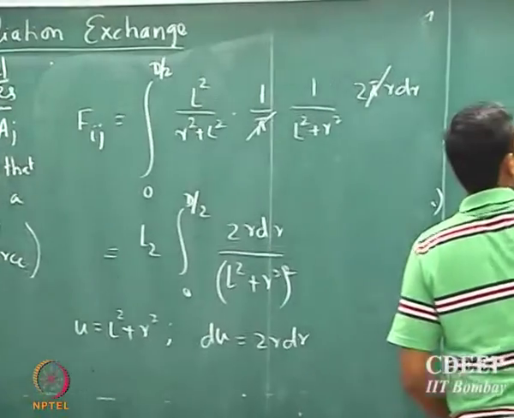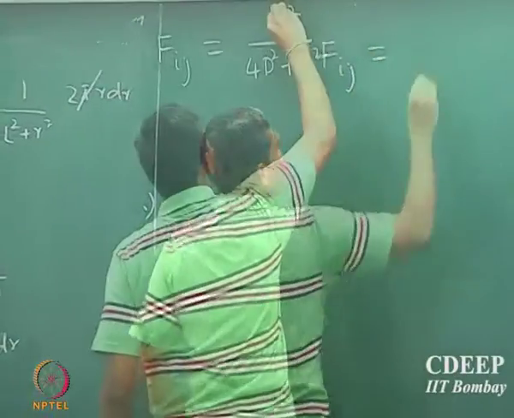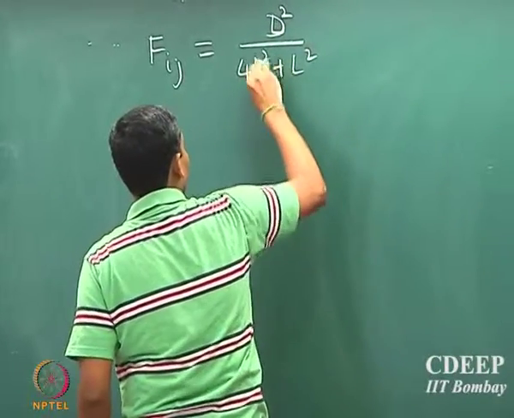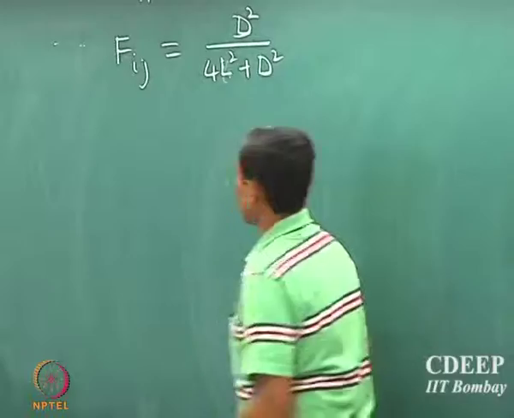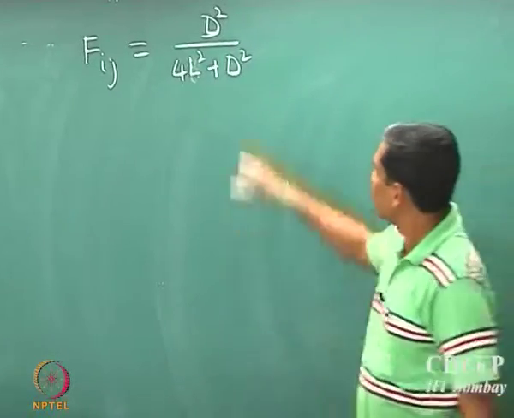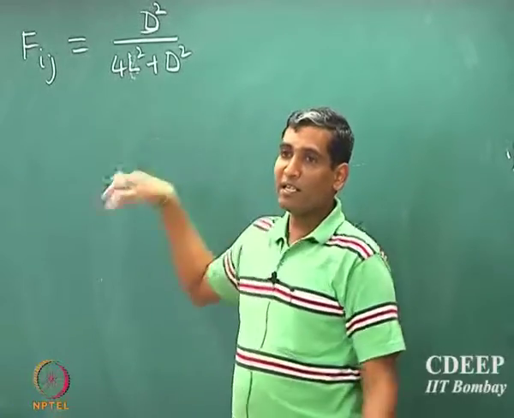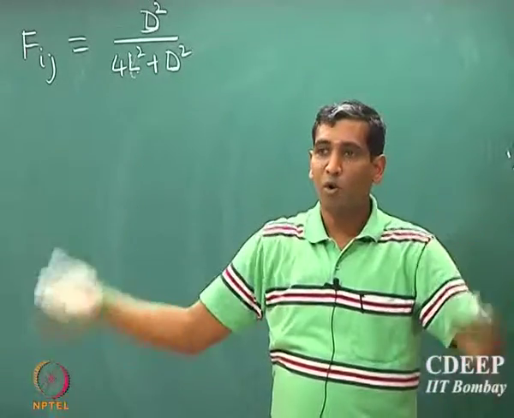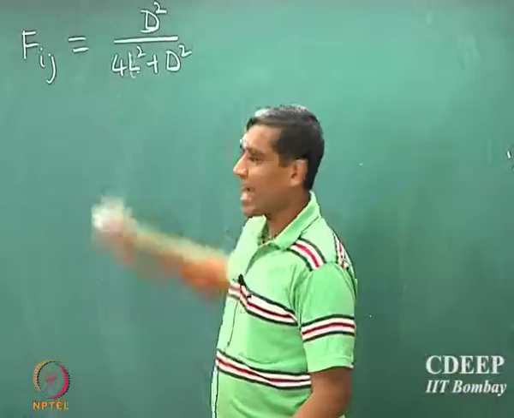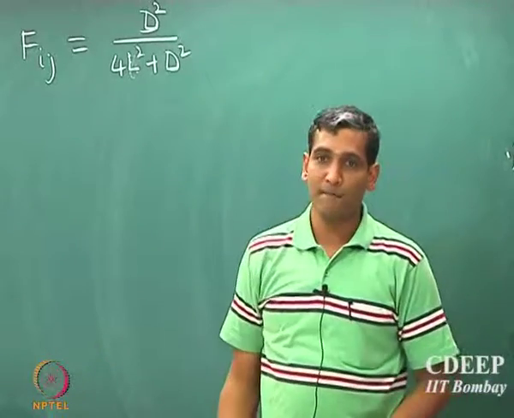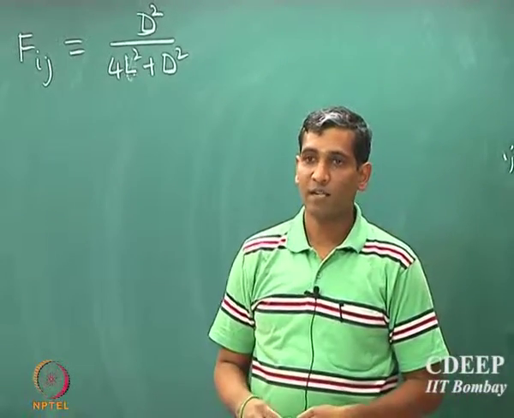So the view factor Fij will be d square by 4L square plus d square, where d is the diameter of the larger coaxial disc, and L is the separation between them. Is that clear to everyone?